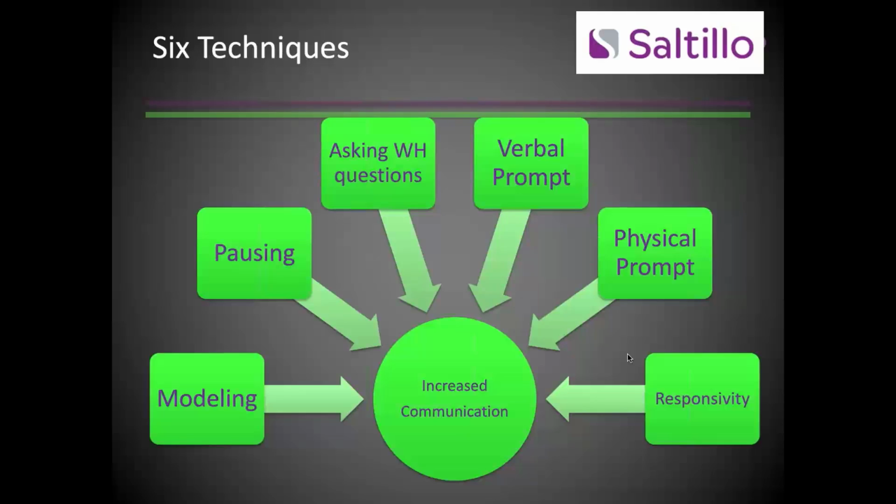So a verbal prompt is going to be something like, show me on your device, use your device, show me to, something like that, where we're giving them a direct instruction. A physical prompt is something that is physical in nature. So it could be a gesture to the device, a point, it could be a tap on their arm or shoulder.